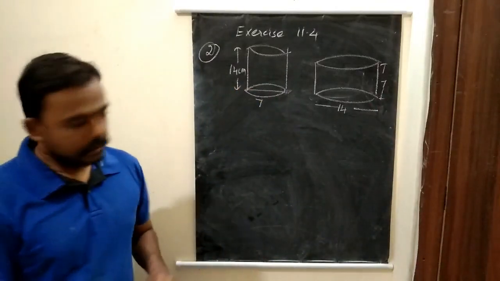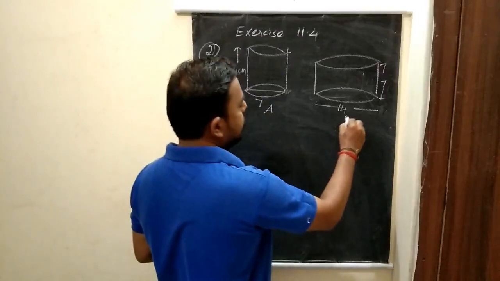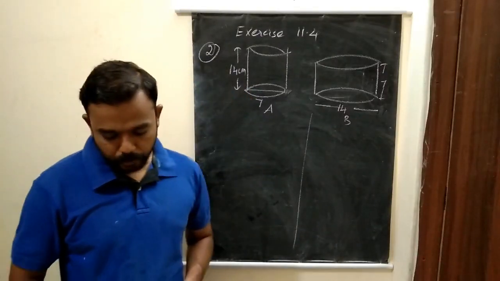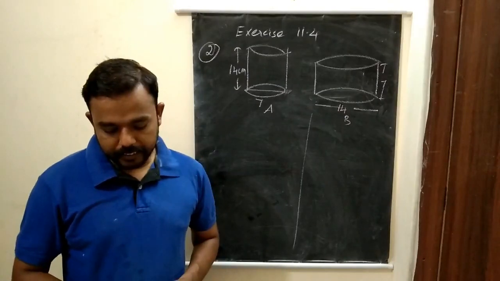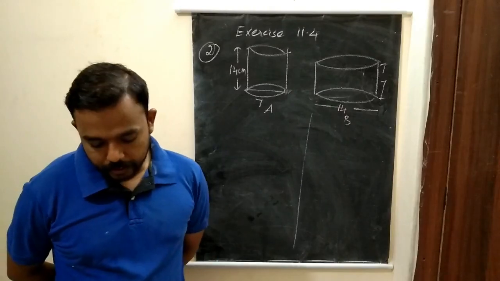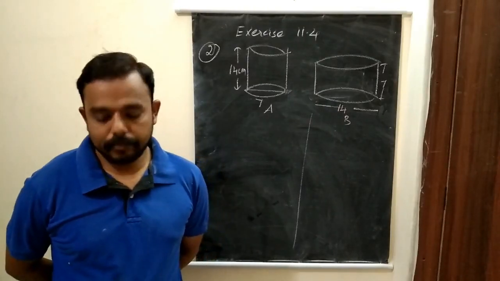So the question is A, B: which one is the bigger one? Check which cylinder has the greater volume. Without doing any calculation, can you suggest whose volume is greater?